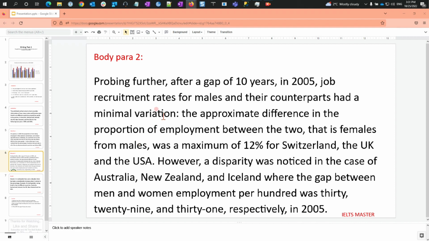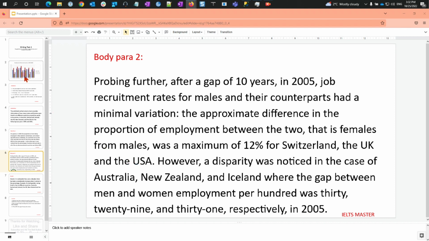And for that reason, I have tried to make it look that in this year, that is 2005, the recruitment rates for both genders, or for males and their counterparts, had a minimal variation, that is difference. And I have also mentioned the approximate difference, and it was for Switzerland, UK, and USA.